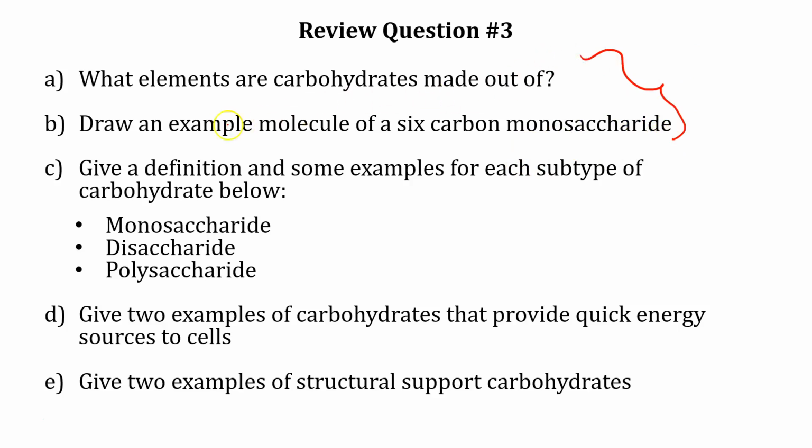So we've already kind of tackled both A and B. Then C, give a definition and some examples for each subtype of carbohydrate. The definition for monosaccharide is 1 sugar. A disaccharide is 2 sugars linked together, and a polysaccharide would be many sugars. Examples of monosaccharides: glucose is a really great example, and we'll talk a whole bunch about that later in the class.